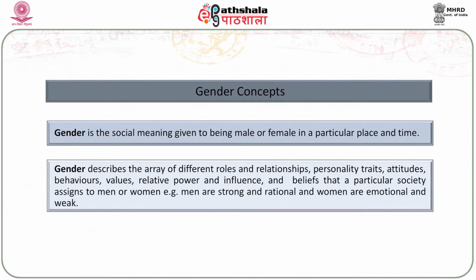So, gender describes the different roles and relationships, the personality traits, the attitudes, behaviors, values, relative power and influence, and beliefs that a particular society assigns to men or women. A very simple example, men are often considered strong and rational, and in contrast to that, women are considered to be emotional and weak.